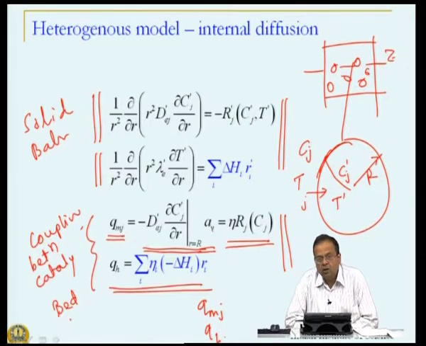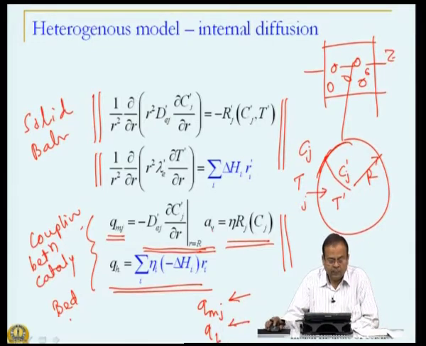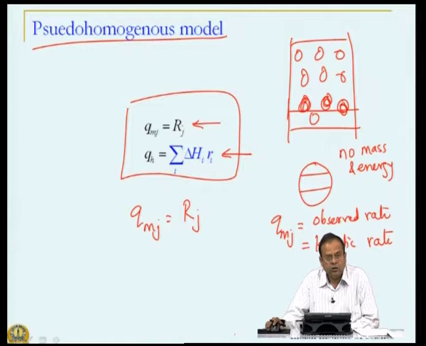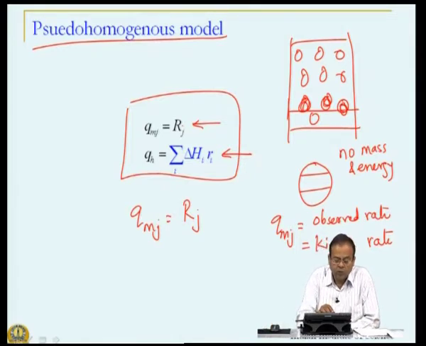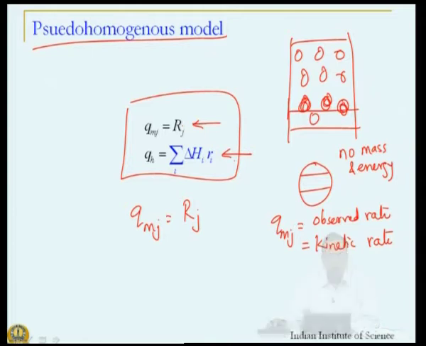And then depending on how we visualize these processes are taking place, we define QMJ and QH differently. That is, if we say that there are no mass and energy transport limitations, then QMJ and QH are simply reaction rates and rate of heat generation due to reaction.